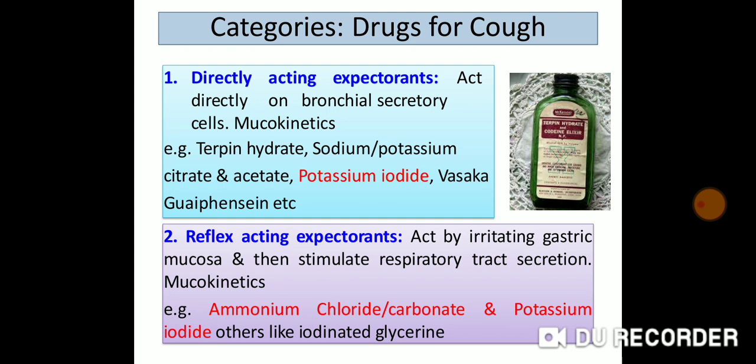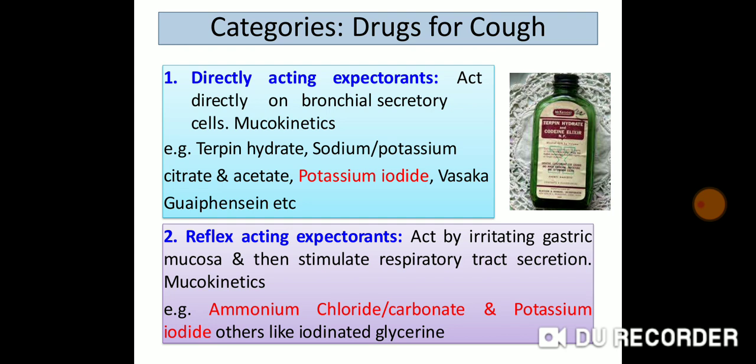Examples: terpene hydrate, sodium or potassium citrate, sodium or potassium acetate, potassium iodide, vasaka, guaifenesin, etc. Reflux acting expectorants act by irritating the gastric mucosa and then stimulate respiratory tract secretion.